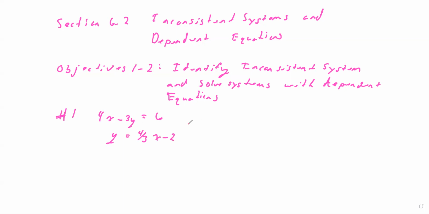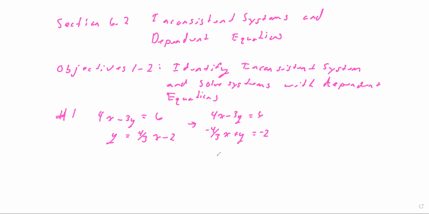I'm going to put this in standard form. So this will just be 4x minus 3y equals 6. I'm going to subtract the 4/3 x over. So that gives me negative 4/3 x plus y equals negative 2. You're more than welcome to get rid of the fraction, the negative if you want, but it doesn't really matter.